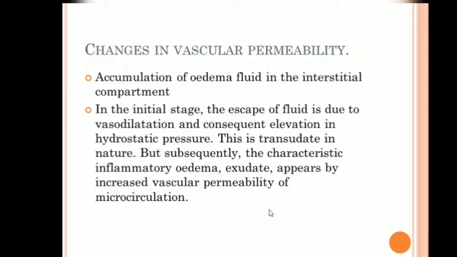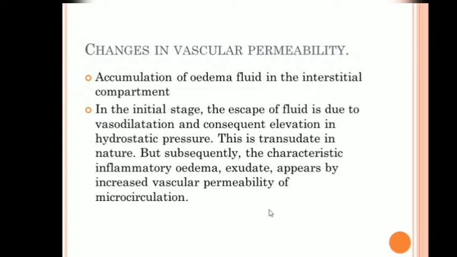So, what are the changes that we see in the vascular permeability? The pathogenesis includes, in and around the inflamed tissue, accumulation of edema fluid in the interstitial compartment, which comes from blood plasma by its escape through the endothelial wall of the peripheral vascular bed.